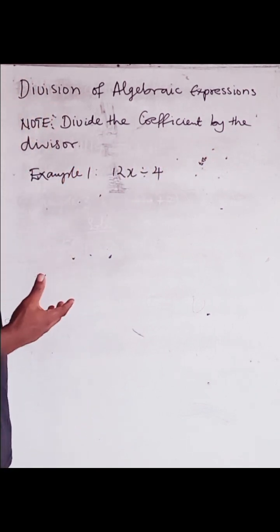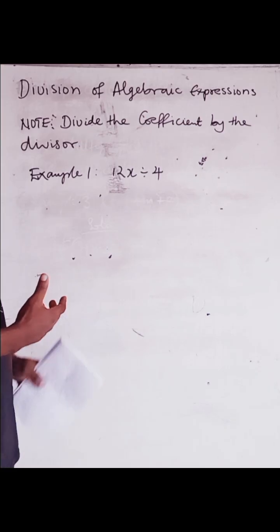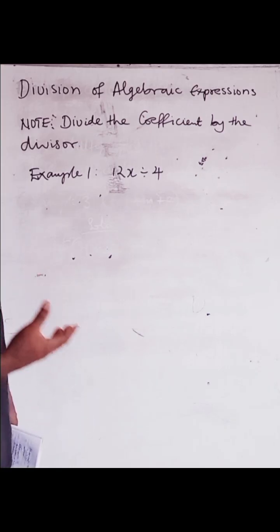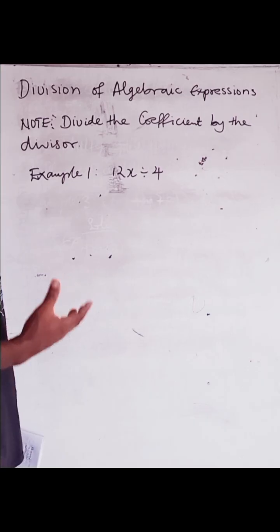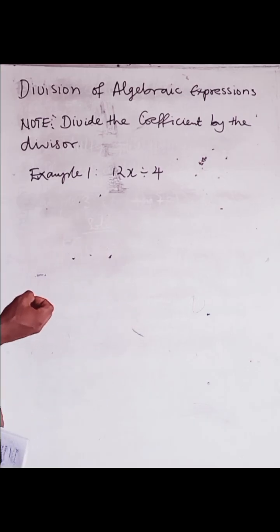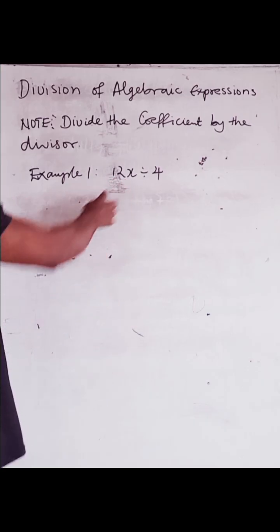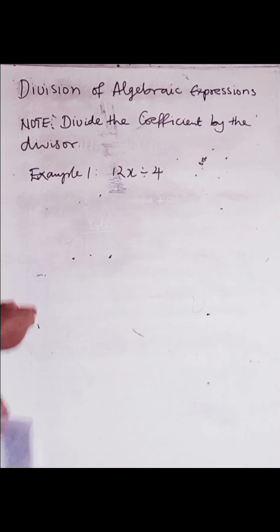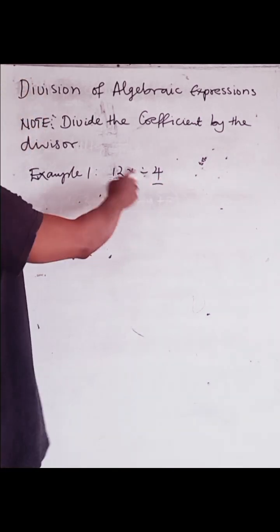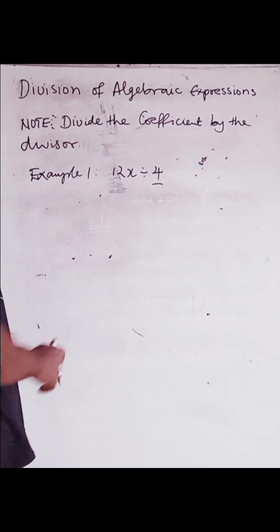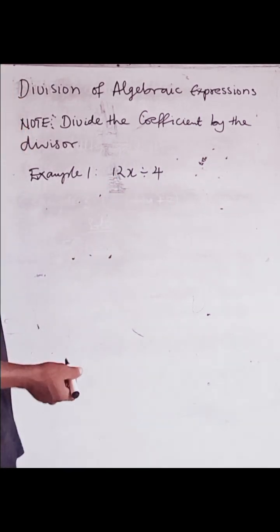So which part of the expression is the divisor? The part that is dividing the algebraic expression, and in this case, that part is 4. So 4 is dividing this algebraic expression 12x. Therefore, 4 is the divisor.